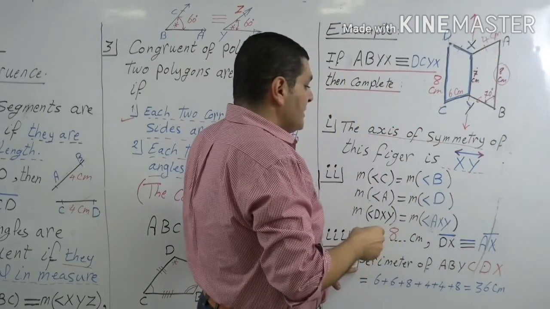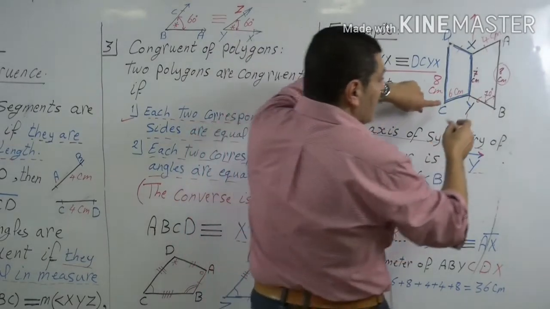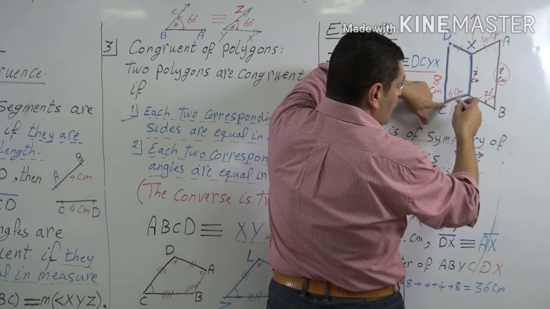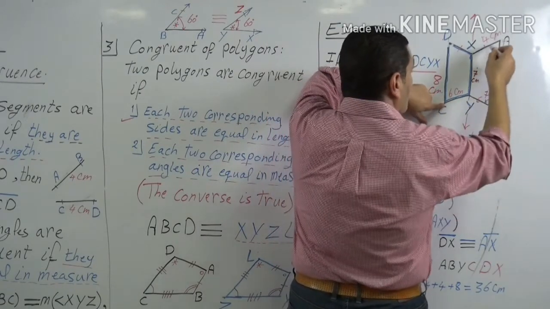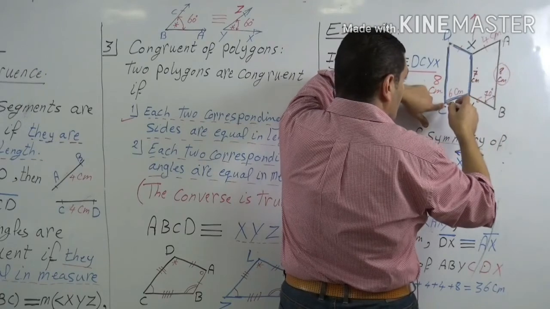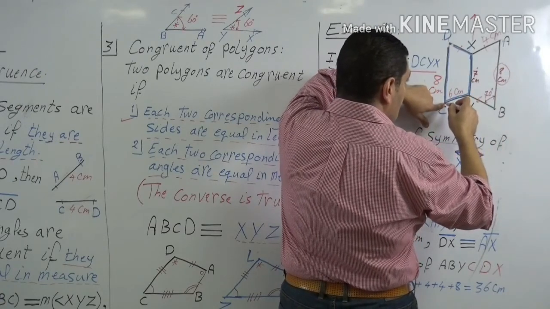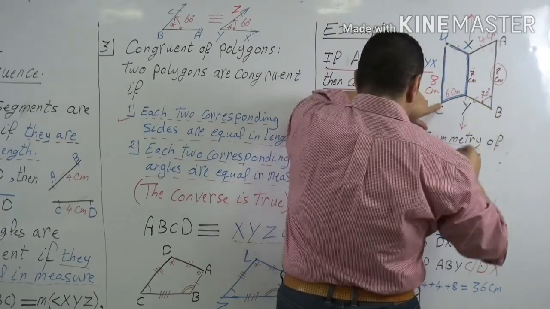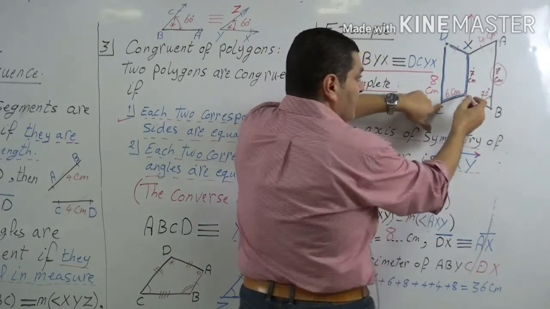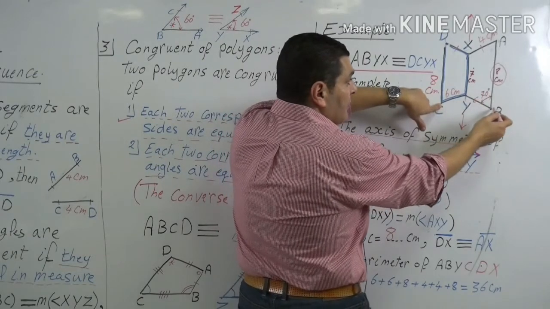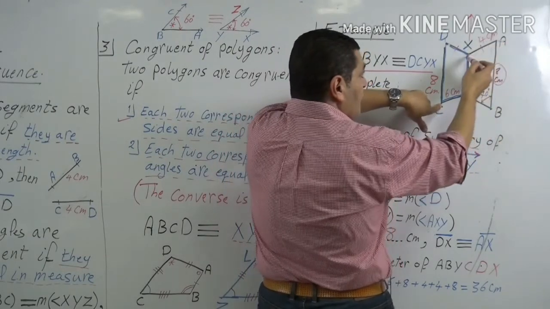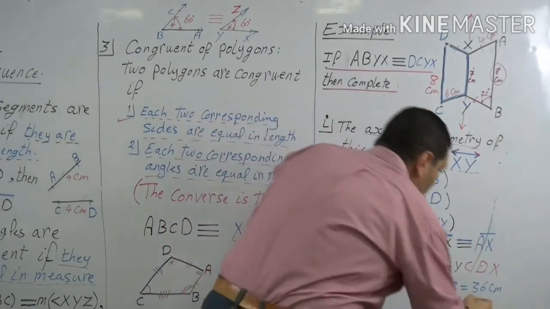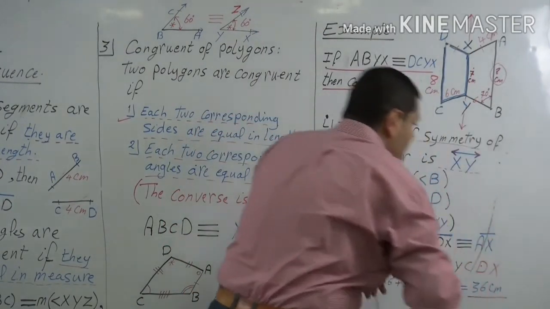The perimeter means just one round around the shape from outside. So 6 centimeter plus 6 centimeter plus 8 centimeter plus 4 plus 4 plus 8. The perimeter is 36 centimeter.